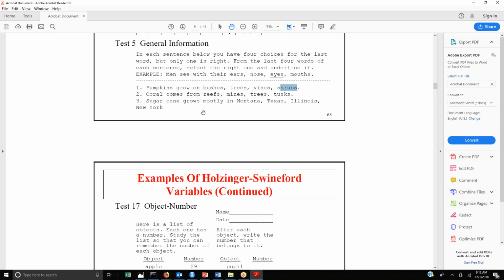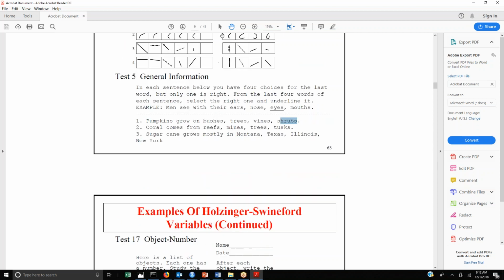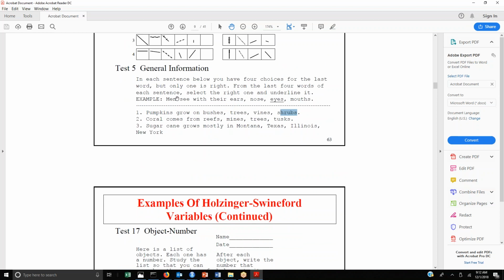Yes? Satya, correct? And the spatial words. This is general information. Tusks. Coral names. Coral comes from reefs, mines, trees, and tusks. Out of that, what is the question we have here? Men see with their ears, nose, eyes, and mouths.